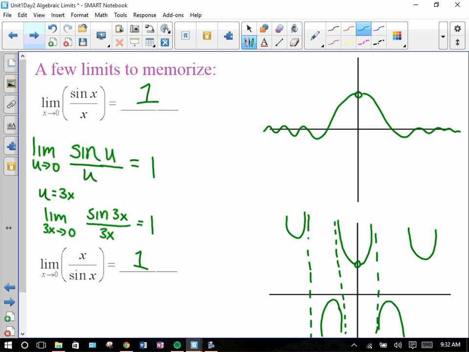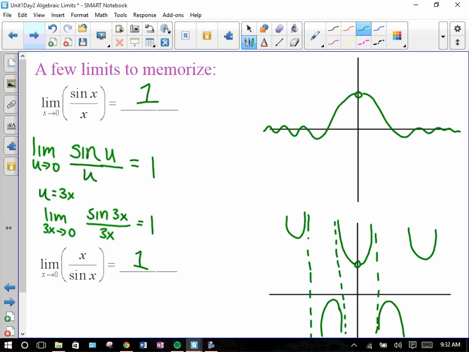Are they becoming backwards? Well, this one looks like this because for both of these, if I plug 0 in, I get 0 over 0, which tells me there's a hole. Now this one, sine x, you get 0 over 0 as well.